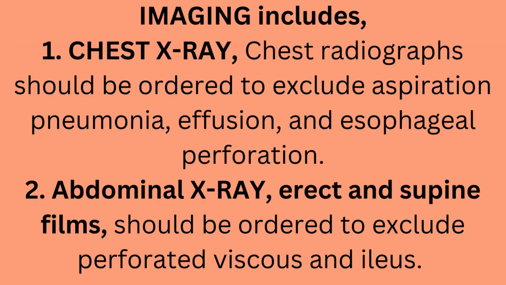Imaging includes: 1. Chest X-ray. Chest radiographs should be ordered to exclude aspiration pneumonia, effusion, and esophageal perforation. 2. Abdominal X-ray. Erect and supine films should be ordered to exclude perforated viscus and ileus. 3.